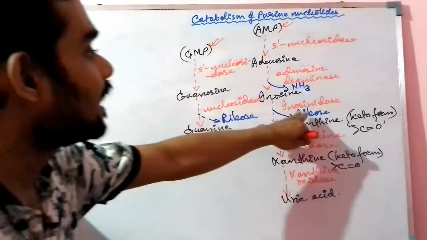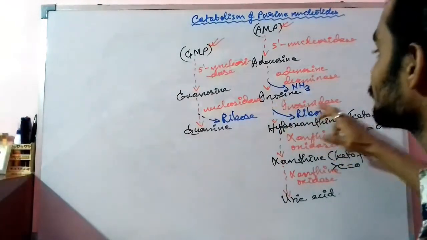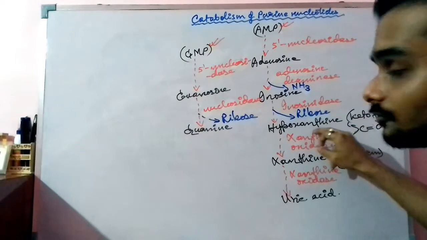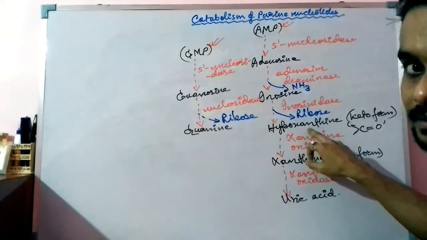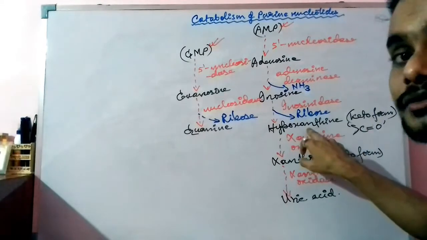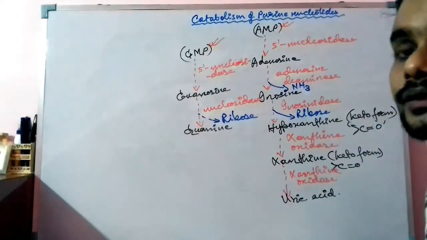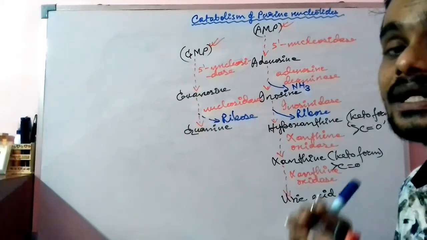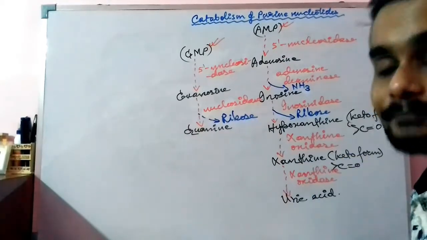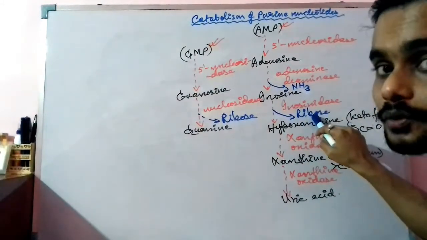So the major concept is that inosine, with the removal of the ribose sugar, forms the hypoxanthine. Okay, that is only the nitrogenous ring, the nitrogenous backbone of the inosine, which with the removal of the ribose forms hypoxanthine.